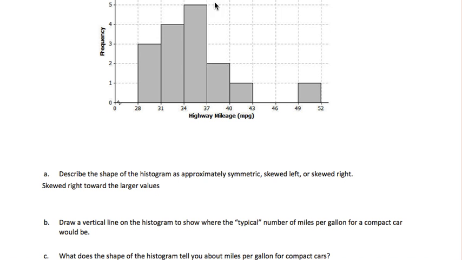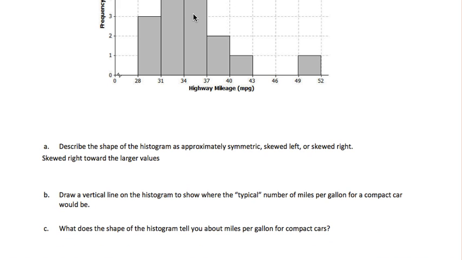If we were to draw a vertical line on the histogram to show where the typical number of miles per gallon for a compact car would be, we would put it right about here. And the shape of the histogram then tells us that most cars get around 31 to 40 miles per gallon.